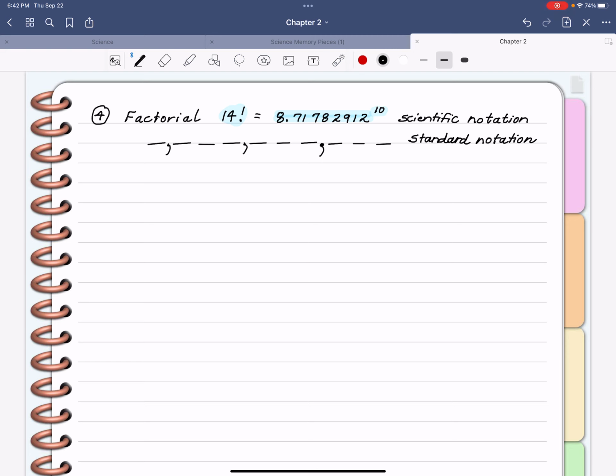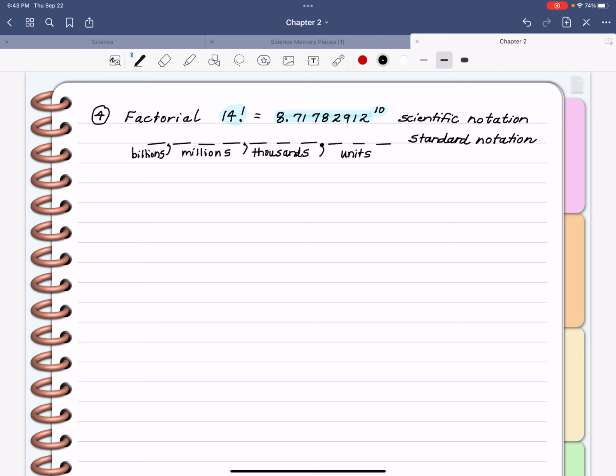And then we learned in middle school what the names of those spaces are. This is the units. I guess we learned before middle school. This is going to be the thousands period. This is going to be the millions period. And this is going to be the billions period. Okay, so we learned the names of those place values.